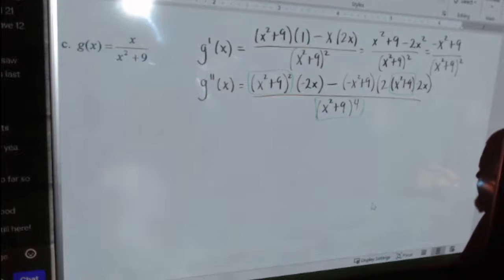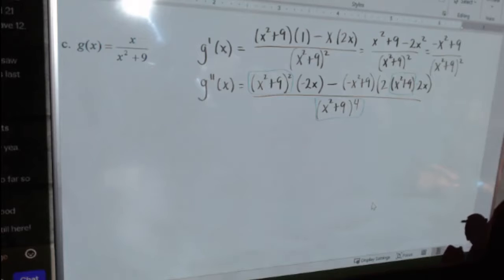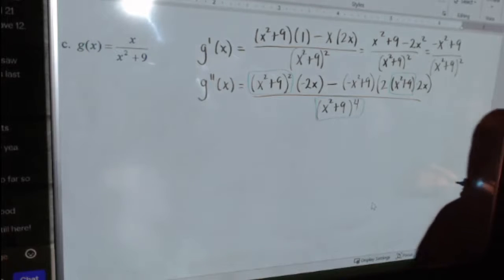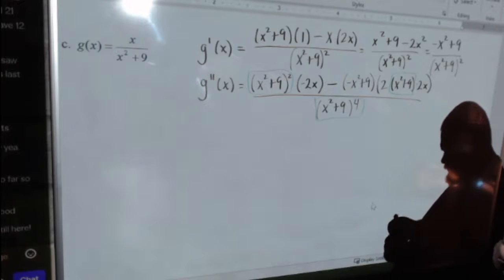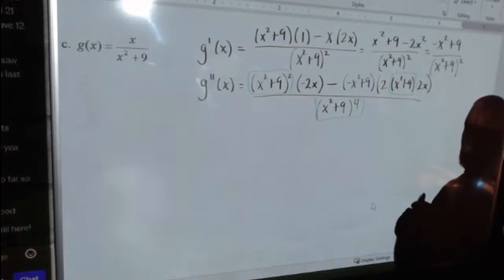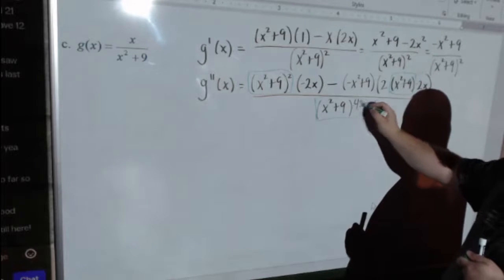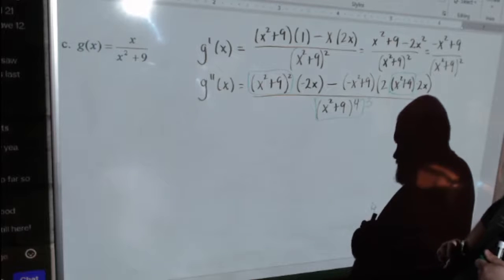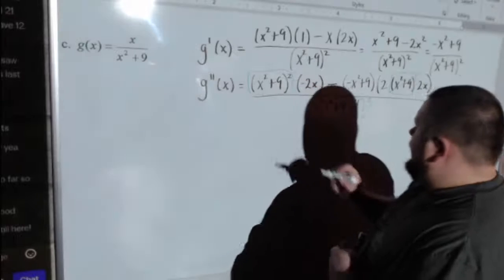So every term has x squared plus 9, so I'm going to cancel one of them. Get rid of one of these and make that a 3. And then I'm going to get rid of one of those.